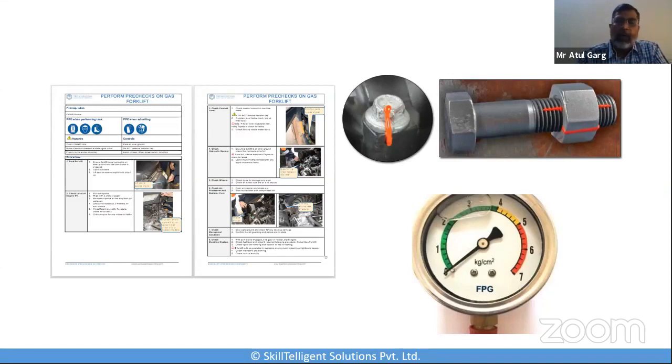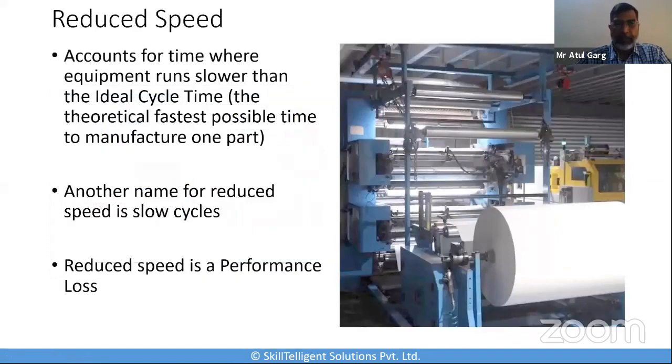You are not over tightening or under tightening or increasing or decreasing the pressure beyond the required parameters. So that's why the torque markings, the machine markings or the bolt markings and other things help in saying that you are not over tightening, under tightening, and you're not setting up the parameters other than what they should be. Okay.